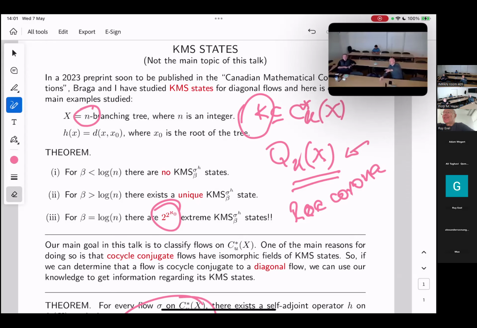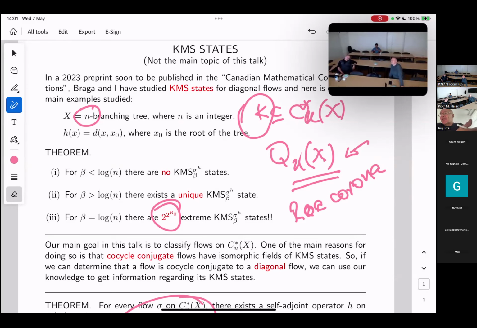KMS state is related to analyticity property on a strip. Is analyticity on the strip somehow related to this entire extension of something, as a function? Exactly.